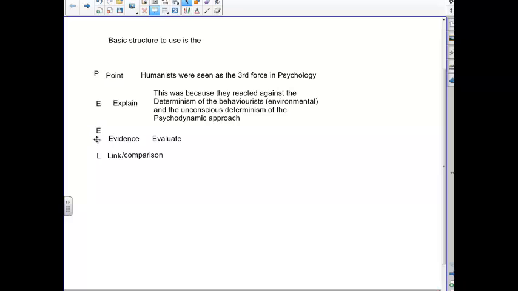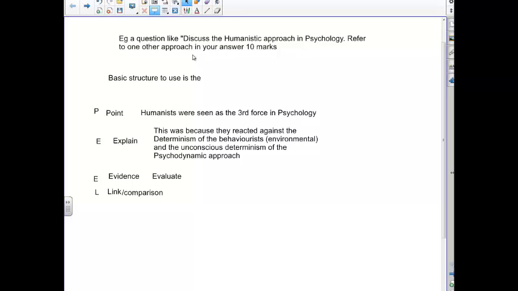And we want to now add in here something that's going to get our AO2, that's linked in with this. Remember, the question is refer to one other approach. What they mean is compare with another approach. Okay, so at this point, often if we're doing topics, we would provide a bit of evidence. We'd say, if we're doing maybe behaviourism, we could demonstrate that we've got examples.